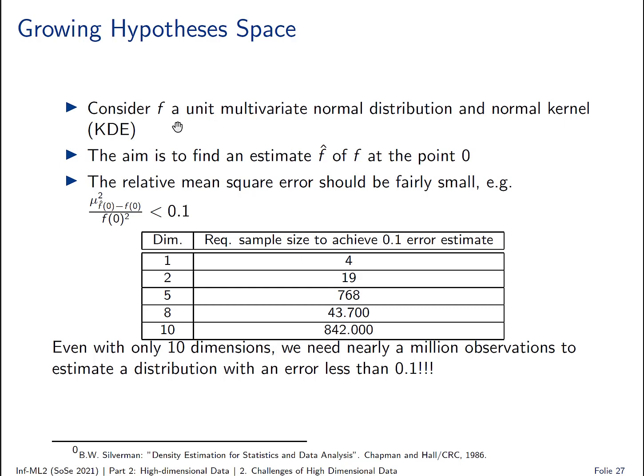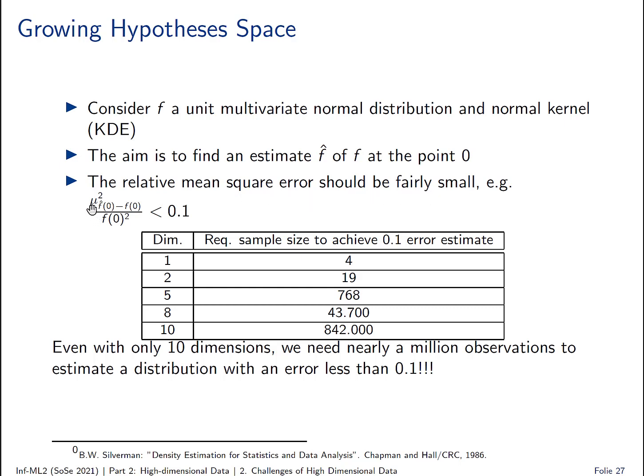So consider F a unit multivariate normal distribution and a normal kernel KDE. The aim is to find an estimate F hat of F at the point 0. And we'll see that the relative mean square error should be fairly small, of course.